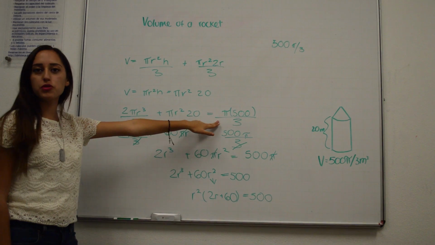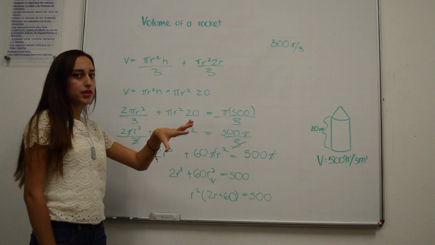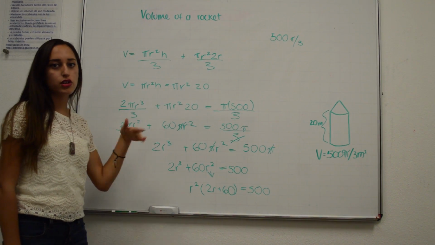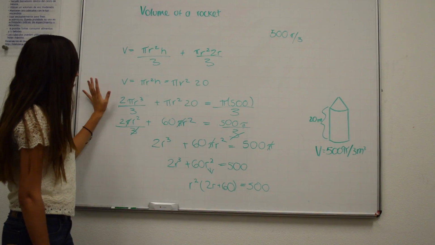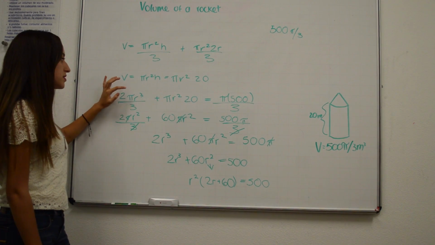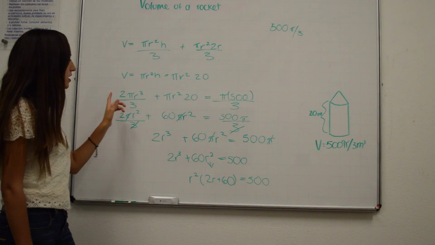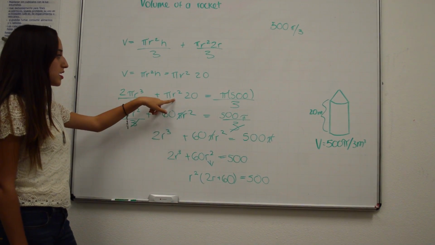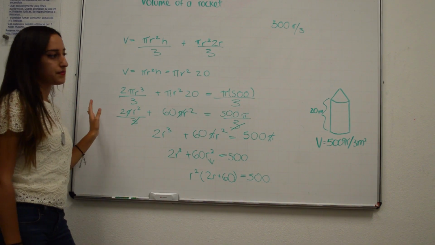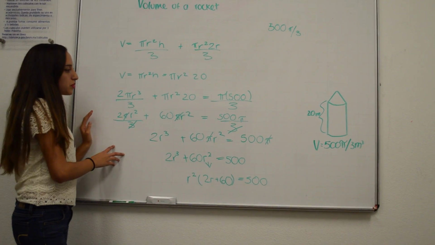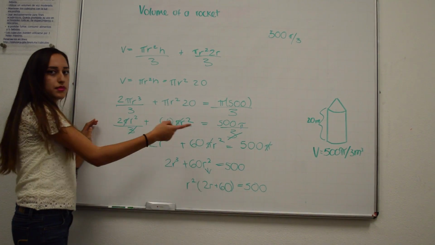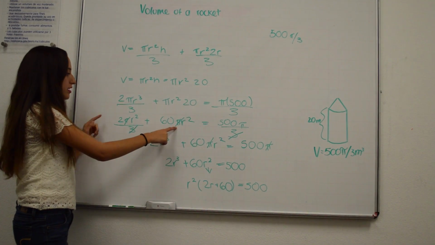We have the volume of the cone and of the cylinder, and we need to put it together and make it equal to the total volume that we already have, and then start isolating in order to have the radius. So we started here, and we have 2 times pi times radius to the cube over 3 plus pi times radius squared times 20 equals 500 pi over 3. And then we have to take away the 3, so we eliminate it, and the pi in here.